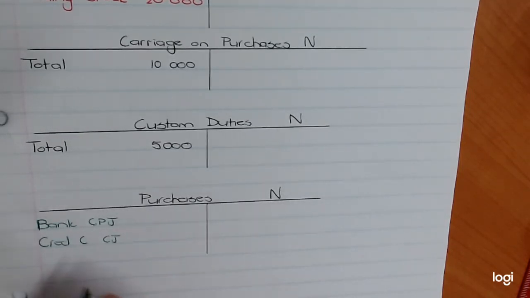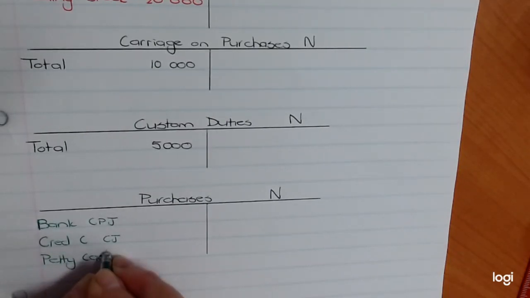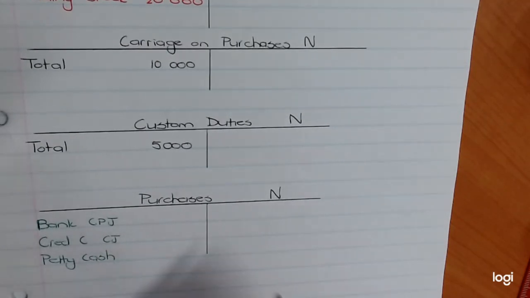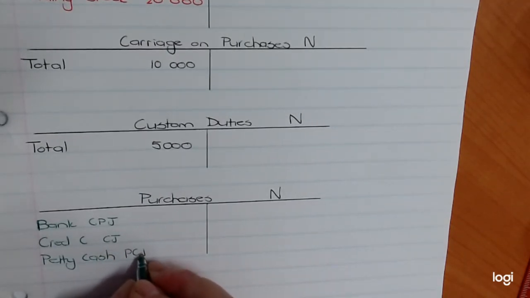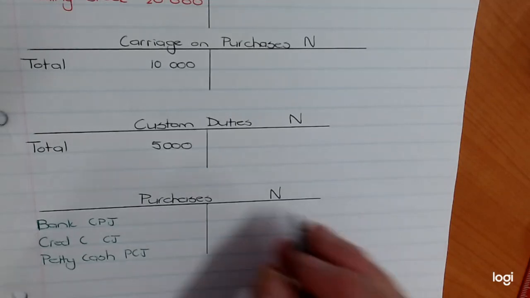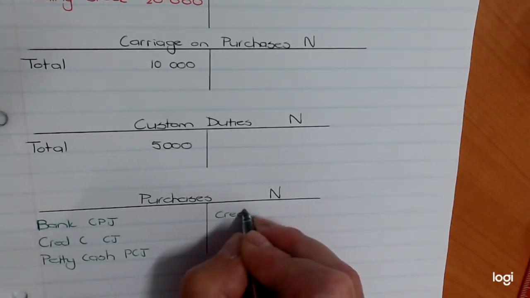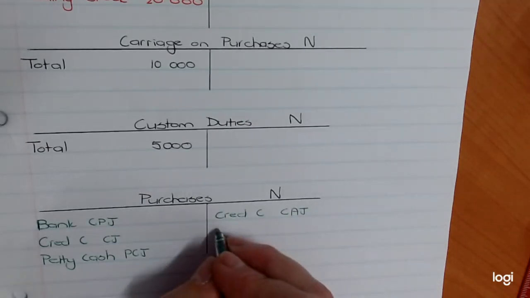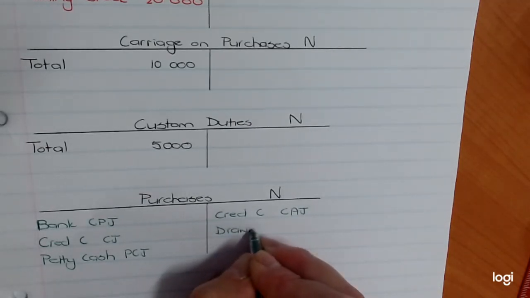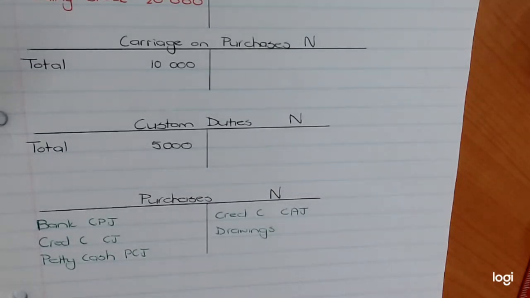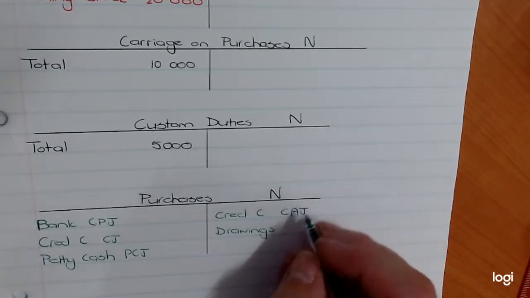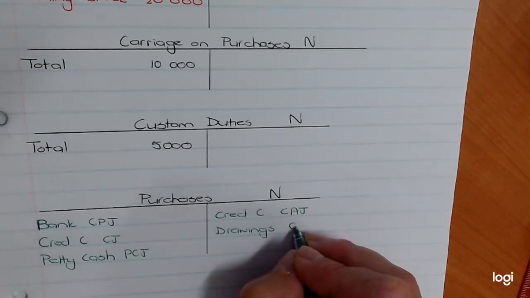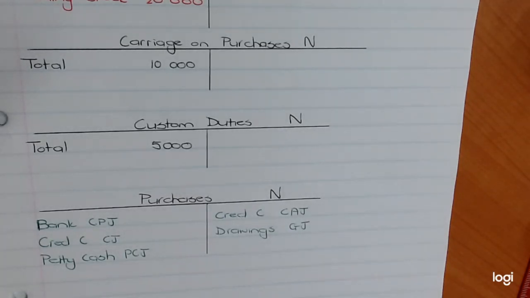Maybe we bought with petty cash, but it's all the purchases. On the credit side, we will have all the returns from the CAJ, we will have drawings. And the drawings is from the general journal. So that's what we record in the purchases account.